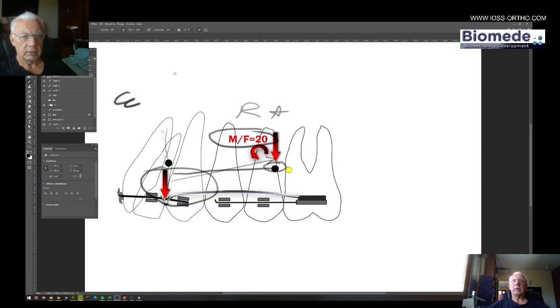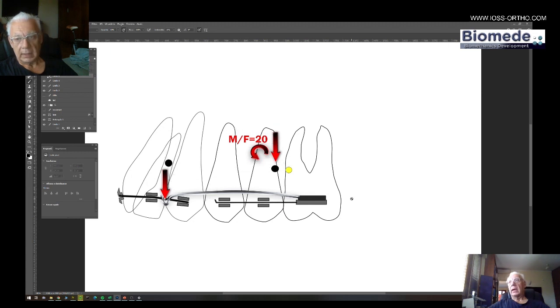Considering this moment of force ratio, we can consider that we have a center of rotation which is rather close to the CR. If there are no other factors, and actually there are normally because we have occlusion, but at the moment I will not consider them, we should imagine that having a center of rotation here, this is the movement that we can expect.